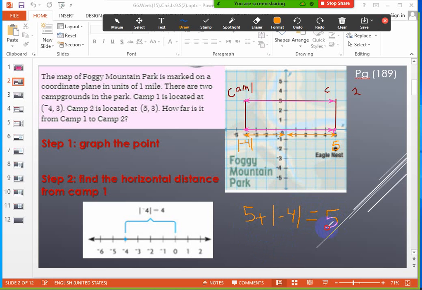So 5 plus 4 equals 9. The distance between those two points is 9 units.